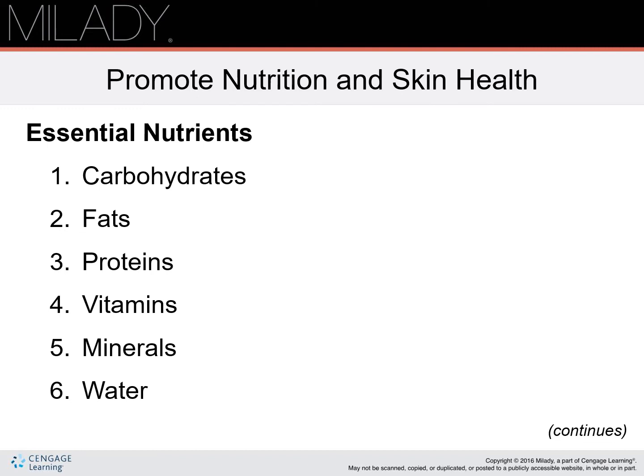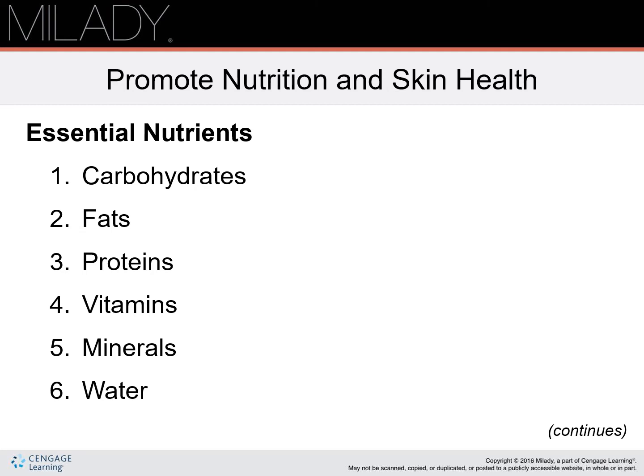And then also we're going to talk about a pustule. So a pustule is raised and inflamed. It's a papule with a white or yellow center that contains pus. So this is like the head of your pimple.